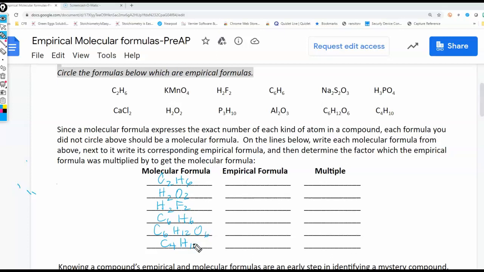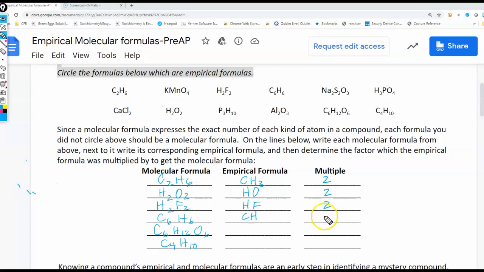So I'm going to go ahead and form their empirical formulas by reducing each of them by their common factor. So C2H6 reduces to CH3, and the factor we reduced by was a factor of 2. H2O2 reduces to HO, and that again was a factor of 2. Same for H2F2, factor of 2, but C6H6 is reduced by a factor of 6.